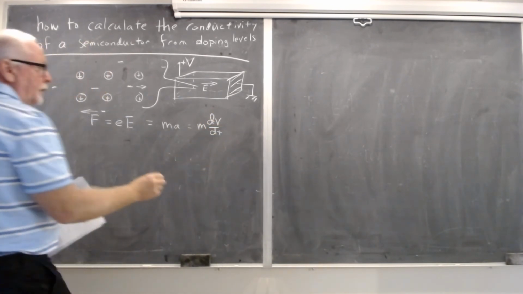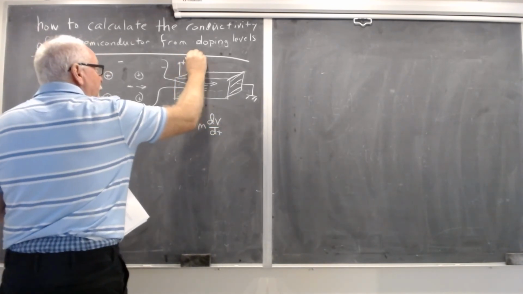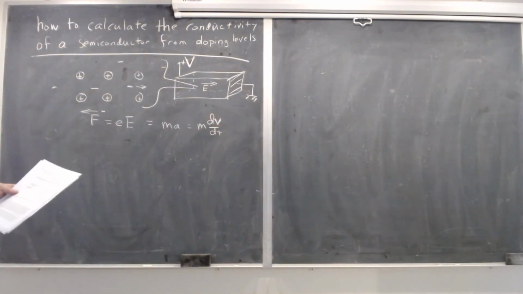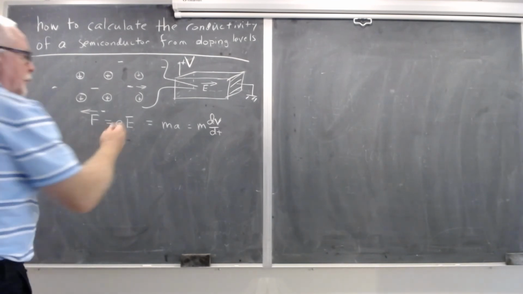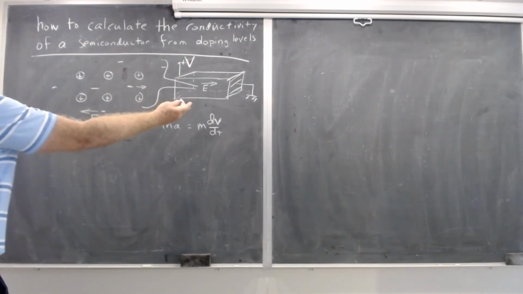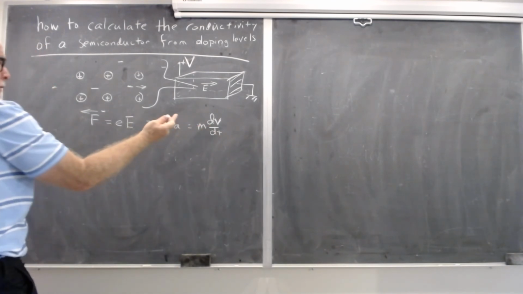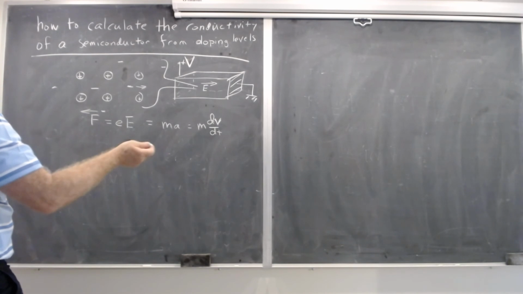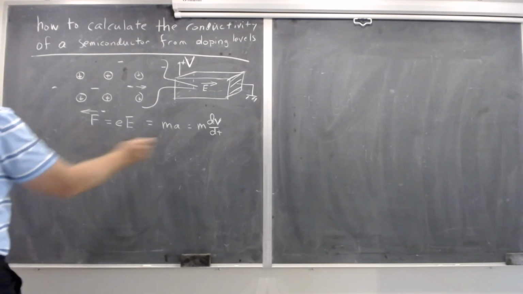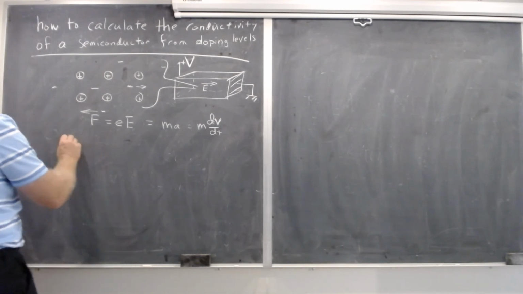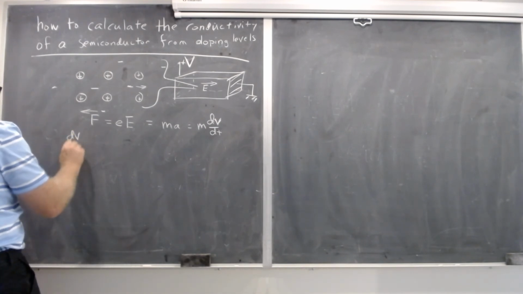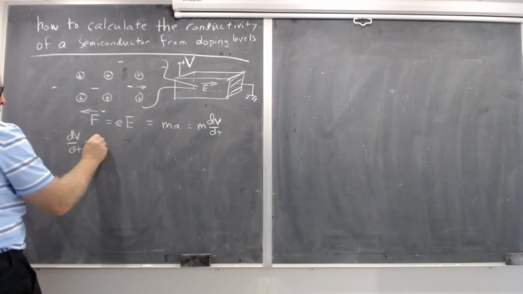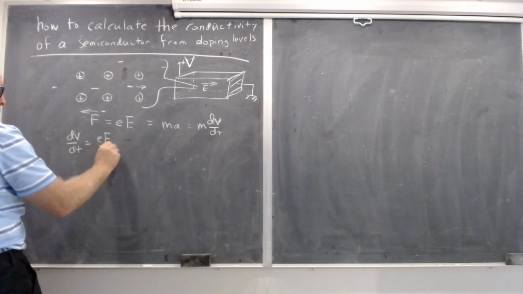Now here I have to be careful to have a capital V for voltage and a lowercase v for velocity. All right, and so what happens is that when I apply that electric field, these charges are going to start to accelerate and their velocity is going to go up linearly. And so if you solve this equation, dv/dt is equal to E over m.